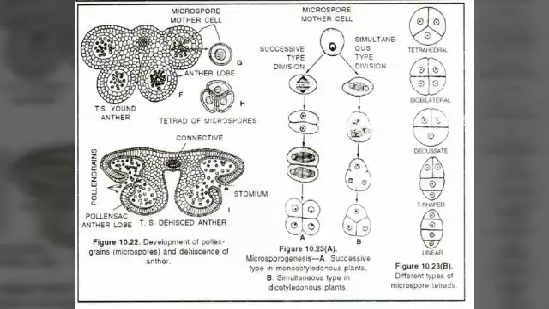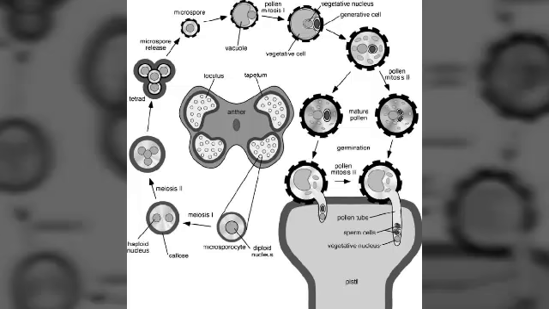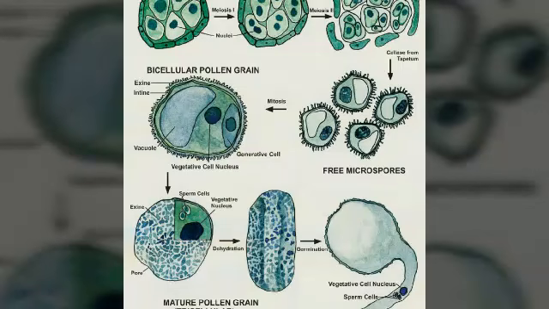So pollen grain helps in pollination. Through pollination, the pollen grain reaches from the anther to the stigma. This is the structure showing the formation of pollen grain from the initial part, the lowermost. The nucleus of the cell divides into two parts, then four parts, and becomes a pollen grain tetrad, and they convert into pollen grain, and the pollen grain generates the pollen tube.